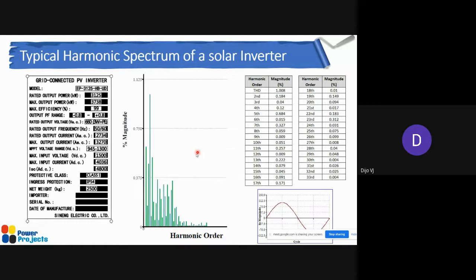I will show you some SLD which shows that towards the end. But the point is, at the solar plant end, not at the point of interconnection, it has a THD of almost 13% for that plant.